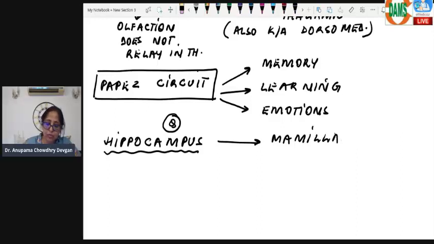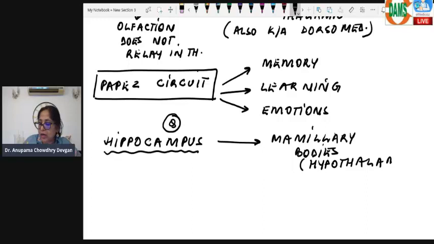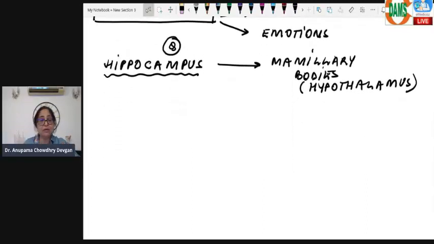I'm describing the Papez circuit for you, which is involved in conversion of short-term to long-term memory. So from hippocampus to mammillary bodies of hypothalamus. From mammillary bodies of hypothalamus to the anterior thalamic nuclei.